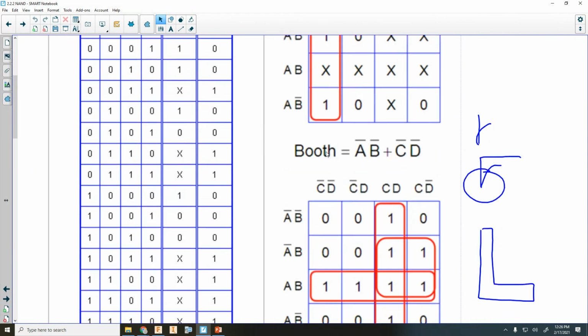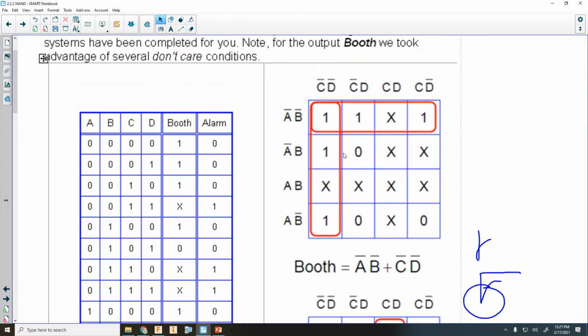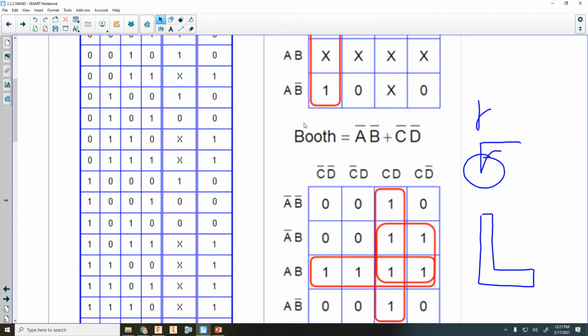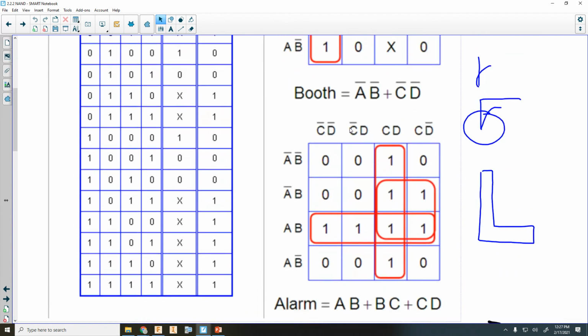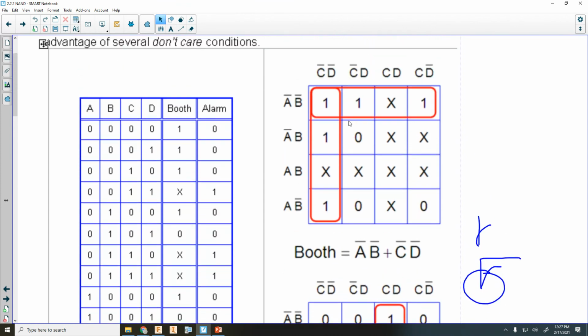So for simplicity's sake, they already did the K mapping for you. So you basically have two circuits that we want to draw out in AOI and in NAND.